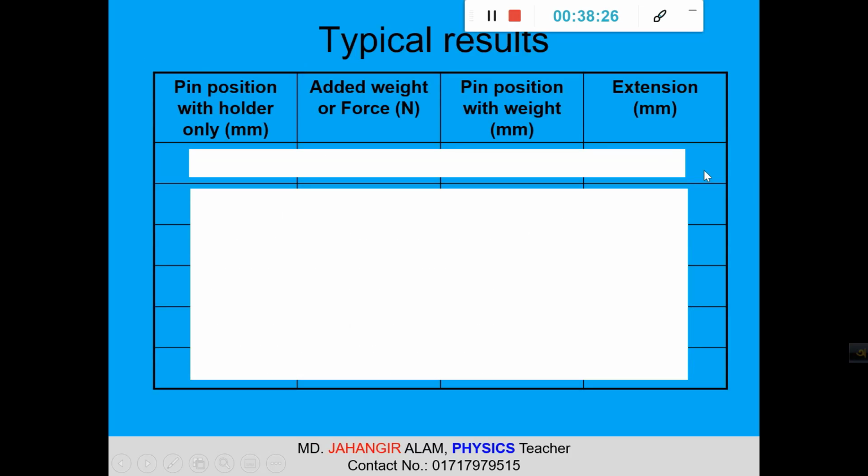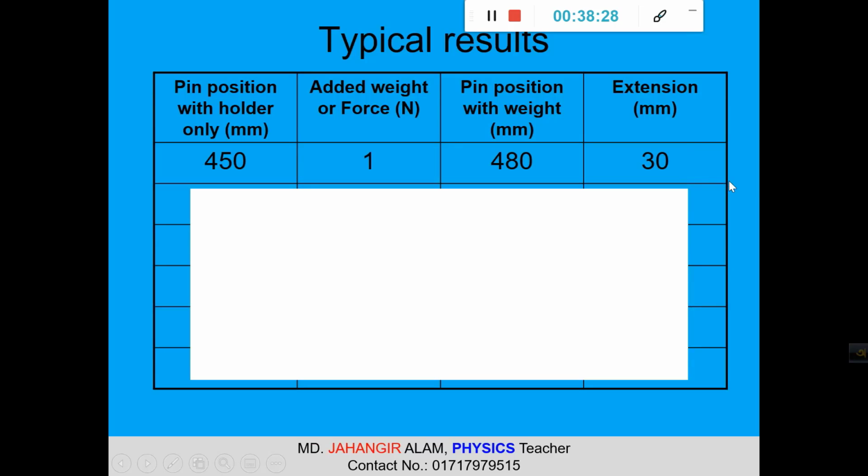Now the typical result, this is the table. Position with holder only is 450 millimeter. With an added weight of 1 Newton, the pin position is 480, so the extension is 30 millimeter.